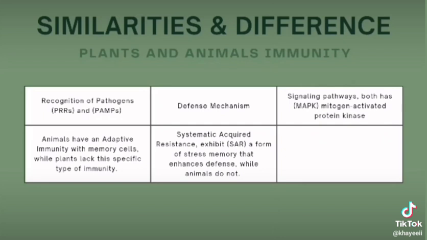Once they recognize the danger, they use signaling pathways like the MAPK pathway. This sends a message throughout the body or plant to activate defenses.